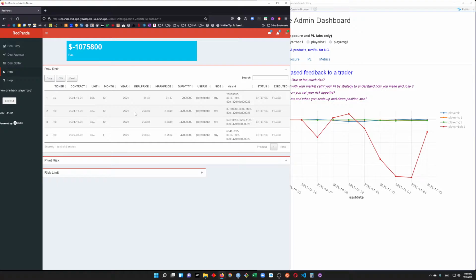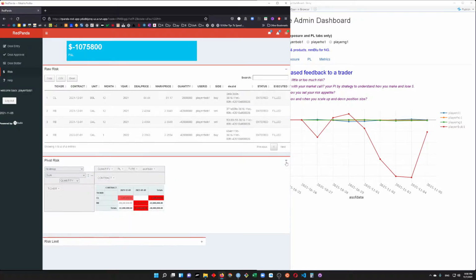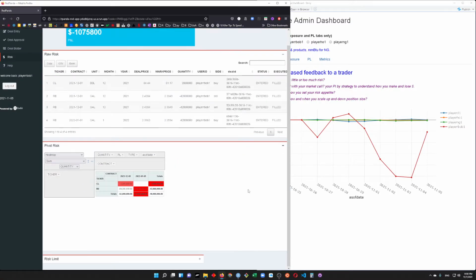So one thing you'll need to do is to transform your exposure into a common unit. Generally we'll use barrels, to convert refined products into barrels. The second tab provides a pivot table of the positions that you have overall. This would be effectively a rendering within the software of what you are expected to do, both for exposure as well as for P&L in an Excel table.